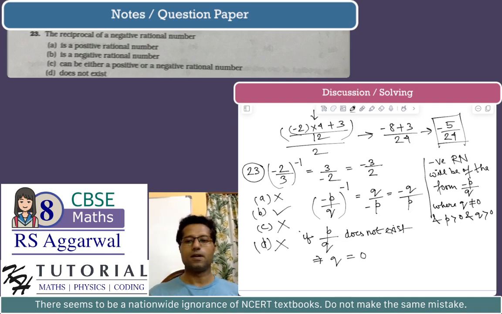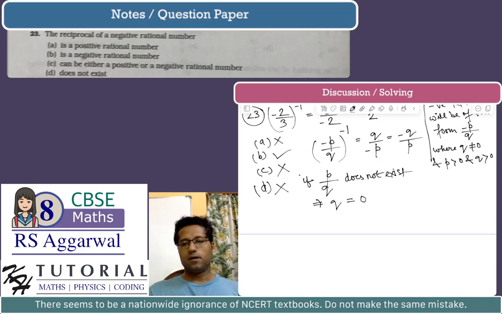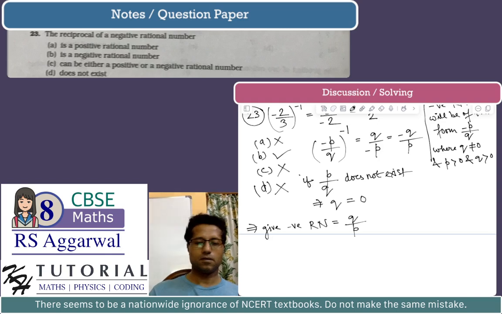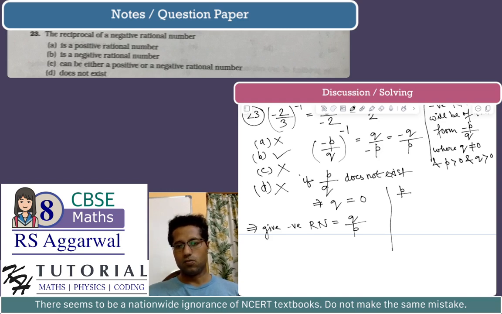Okay. Now if p by q is the reciprocal of a given negative rational number, then obviously the given negative rational number will be the reciprocal of p by q, that is q by p. Now what is the concept I am applying? You are given a rational number p by q.